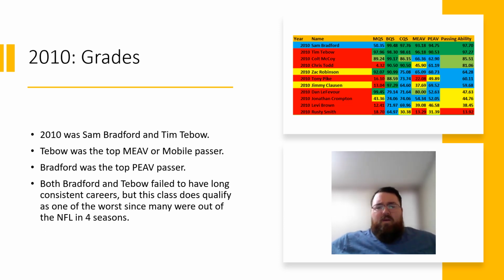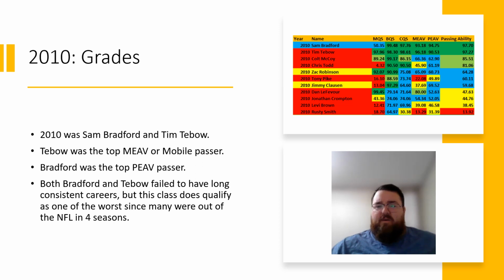I know Colt McCoy has become a pretty decent commentator, and again, nothing to knock Colt McCoy. He had great BQS score, great CQS score. And then, of course, Zach Robinson, same thing. Zach Robinson, of course, making moves in the NFL as a coach. But when you look at the 2010 class as a whole, Bradford had injuries and stuff.